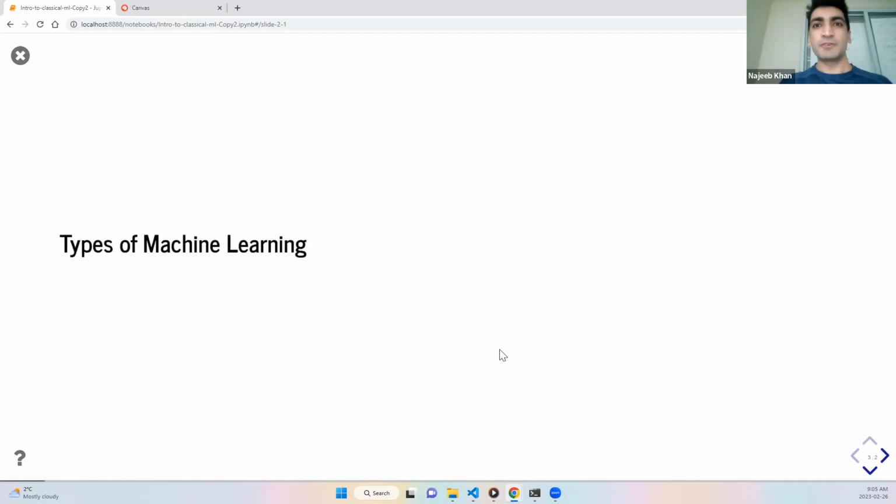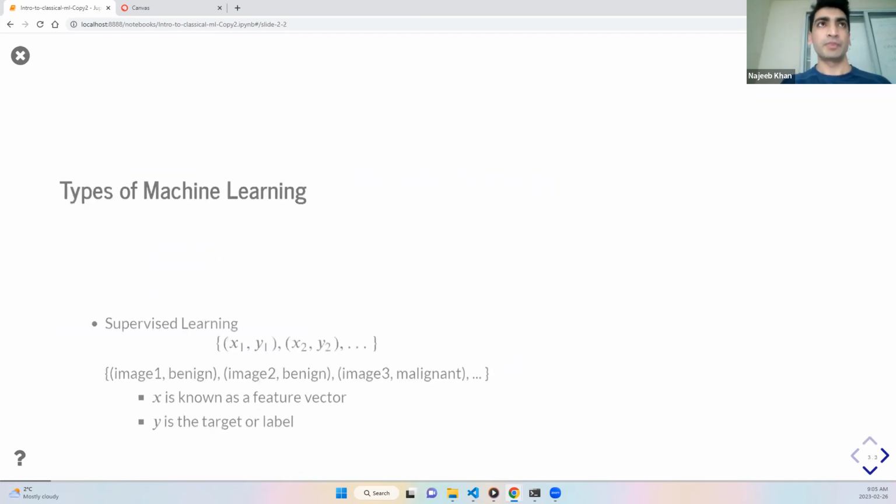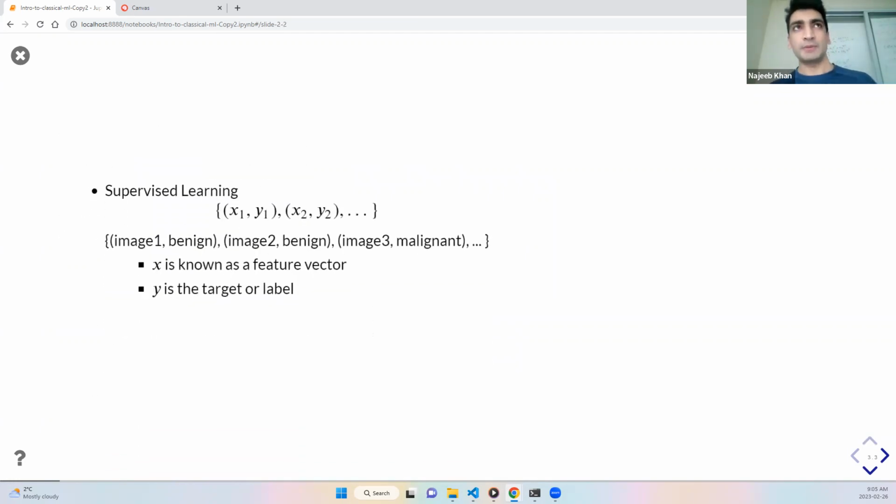So what are the types of machine learning? There are a few types. The first one is supervised learning. In supervised learning, you have pairs of examples. Say you have input images, maybe chest X-rays, and you want to find out whether the image contains a tumor and whether the tumor is benign or malignant.